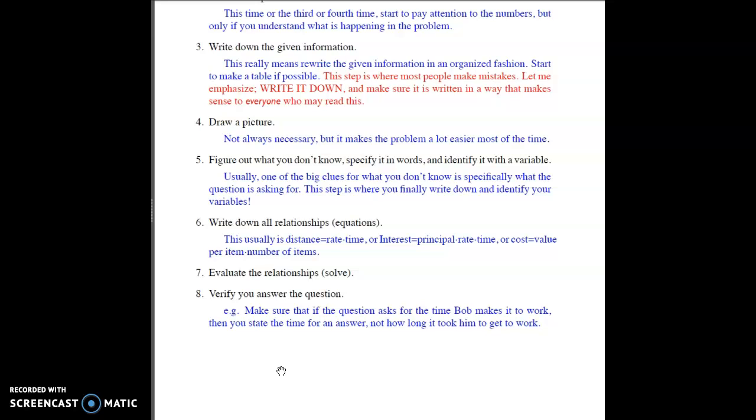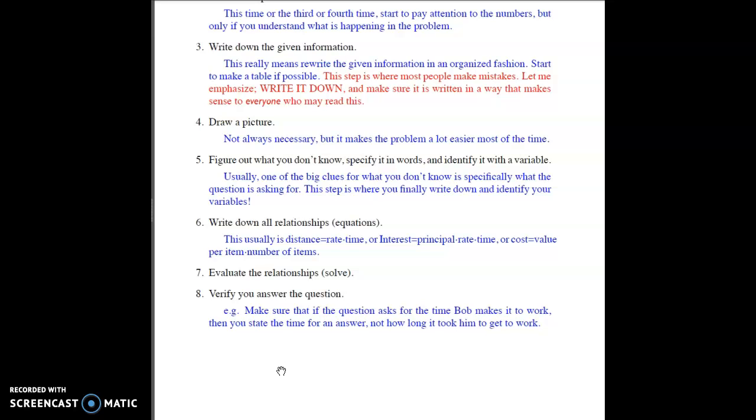Write down all of the relationships when you get an opportunity to. So if you know that they are looking for a distance equals rate times time problem, and you know that the formula is distance equals rate times time, actually write that formula down. Write down what you know in that.